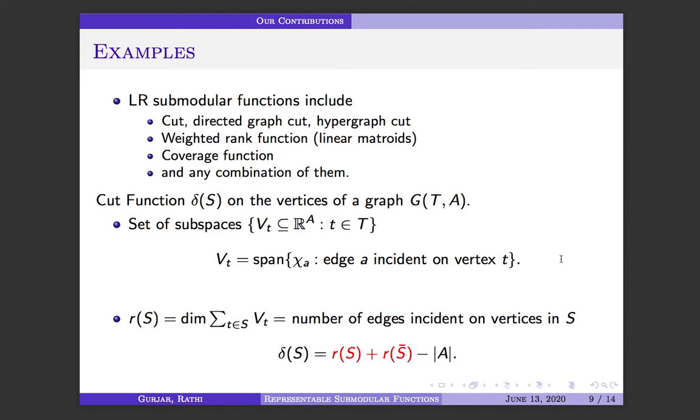Why is this true? Because if you look at this expression in red, r of S plus r of S bar, it counts the cut edges twice and all other edges exactly once.